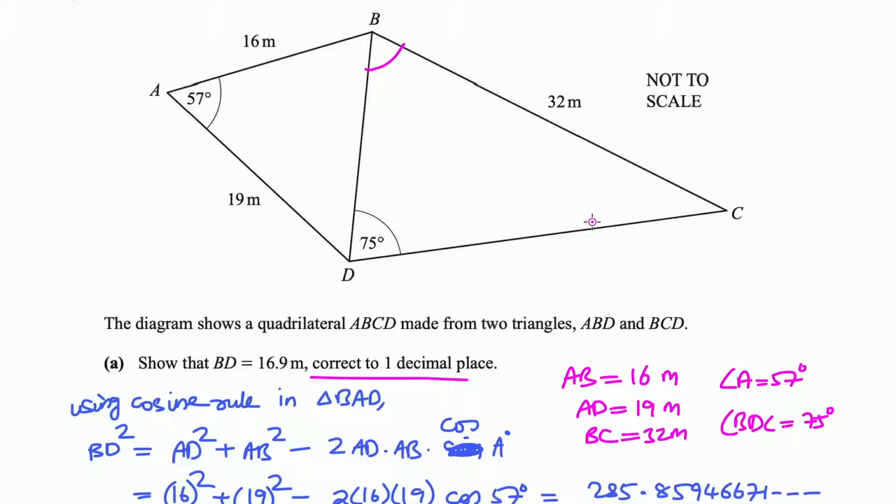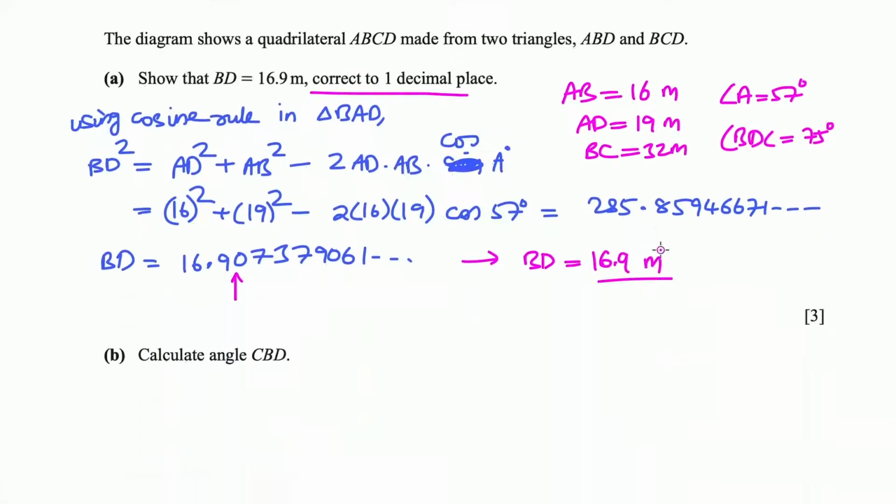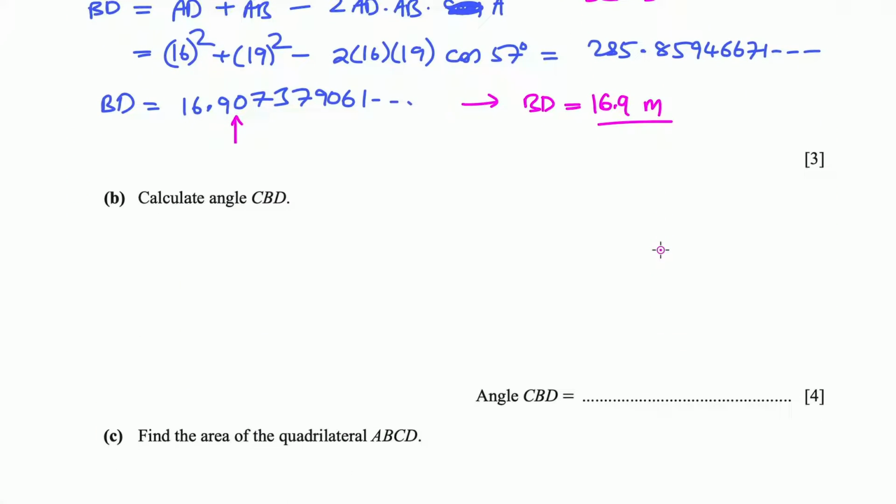In order to use the sine rule, we need to know the side opposite to an angle, which we don't know. But because we know this side, which is 16.9 meters, we can use sine rule and calculate angle C, and from there we can calculate angle CBD. So let us use that technique here.